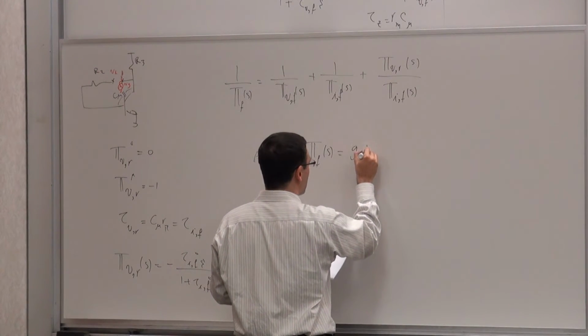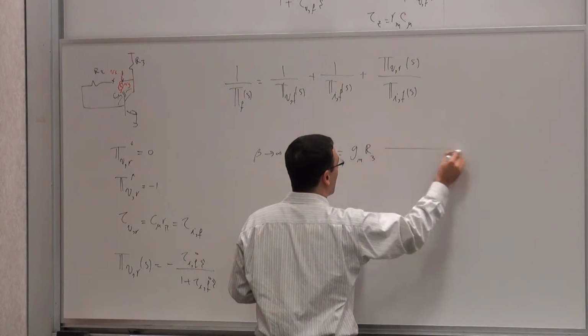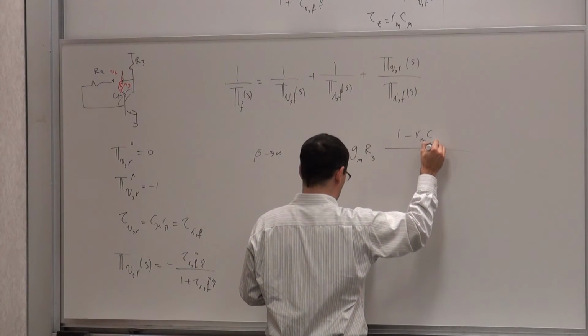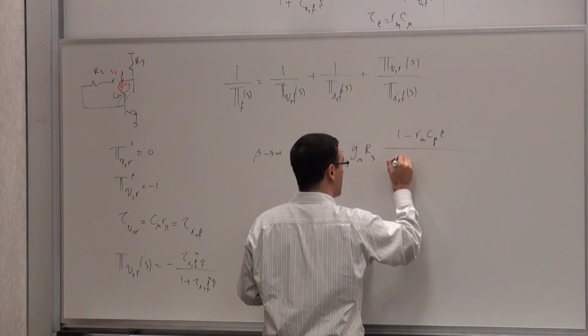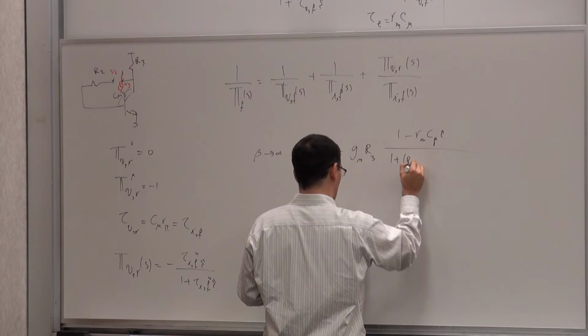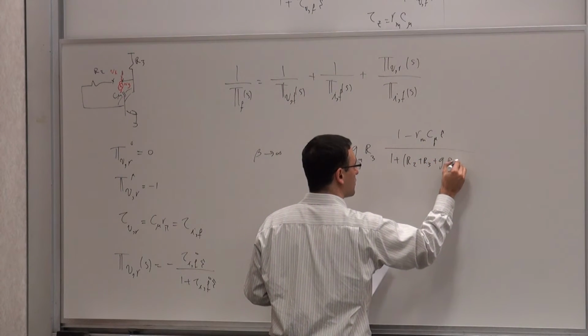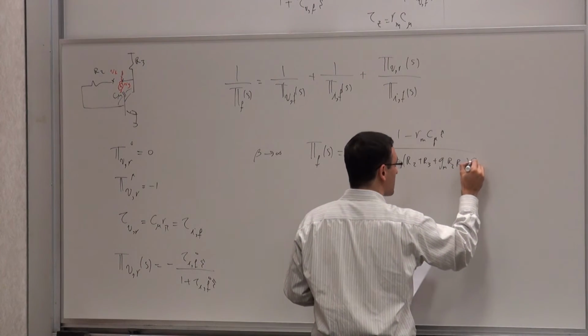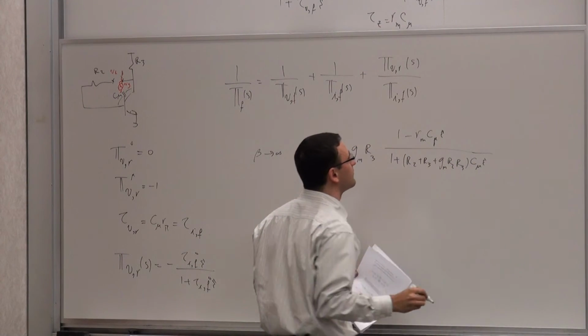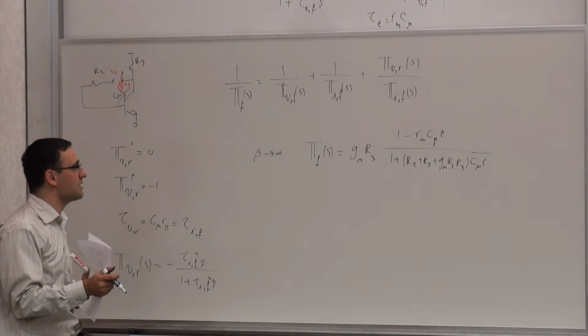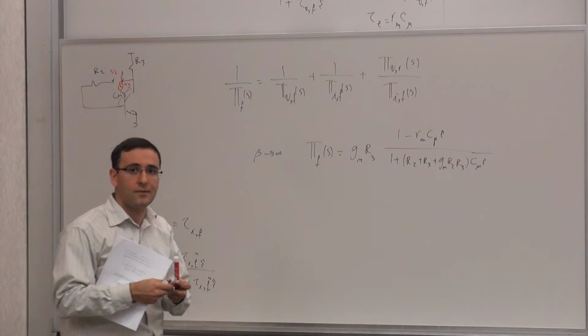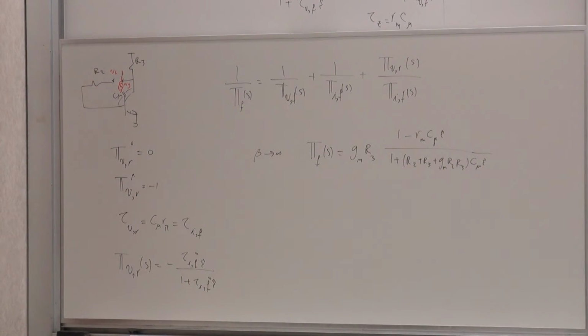So this becomes G_m R3, 1 minus R_m C_mu S, divided by 1 plus R2 R3 plus G_m R2 R3 C_mu S. So this is your loop gain. Now, if you want to do stability analysis, etc., we can use this expression for calculating the stability properties of this loop, and etc., etc.